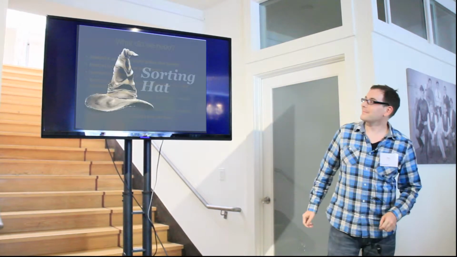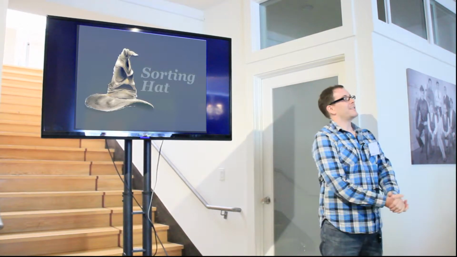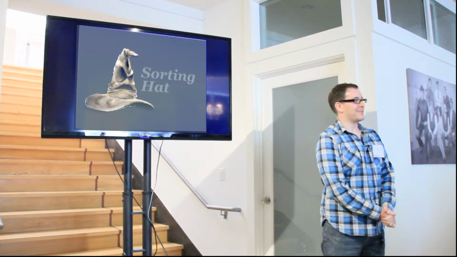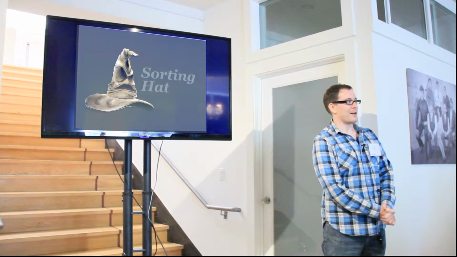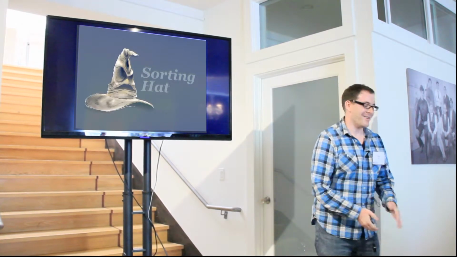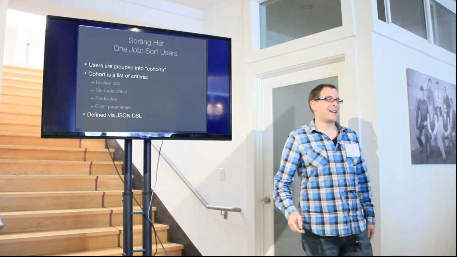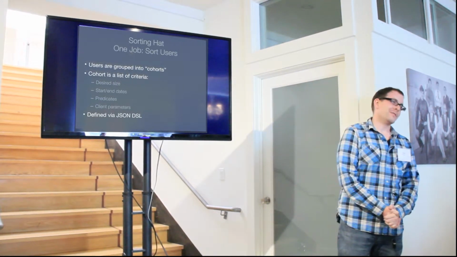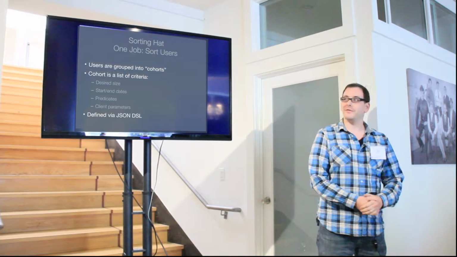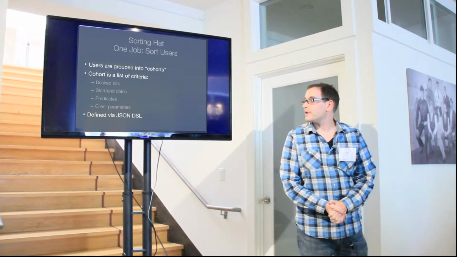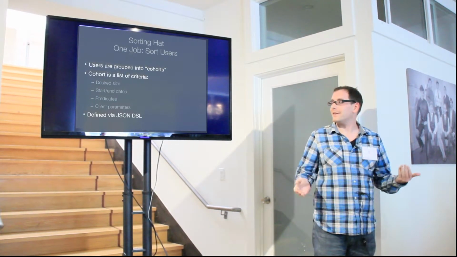So what we needed was the Sorting Hat, which, are any of you Harry Potter readers? Yeah. Okay, let's go on. Sorting Hat: its one and only job is to sort users into groups. They're grouped into cohorts by lists of criteria.